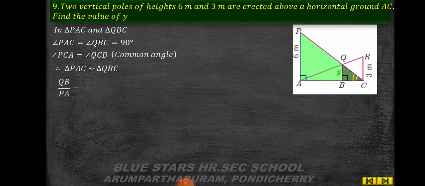The triangle PAC is similar to triangle QBC. Therefore, QB by BA is equal to BC by AC, which implies y by 6 is equal to BC by AC. This is equation number 1.